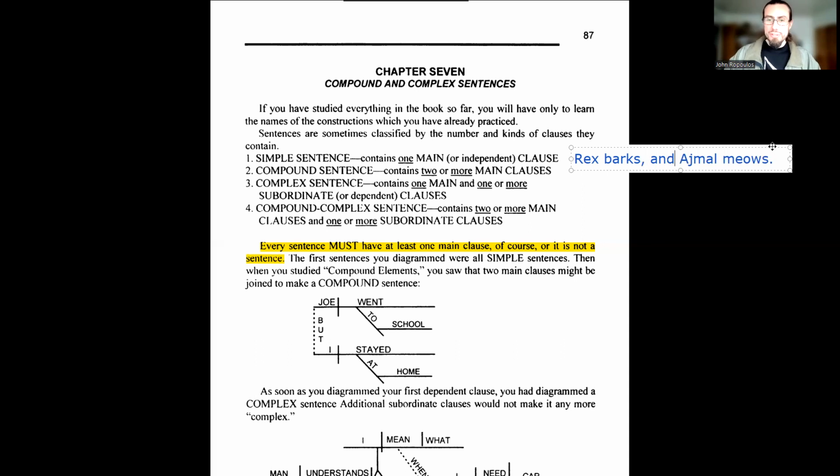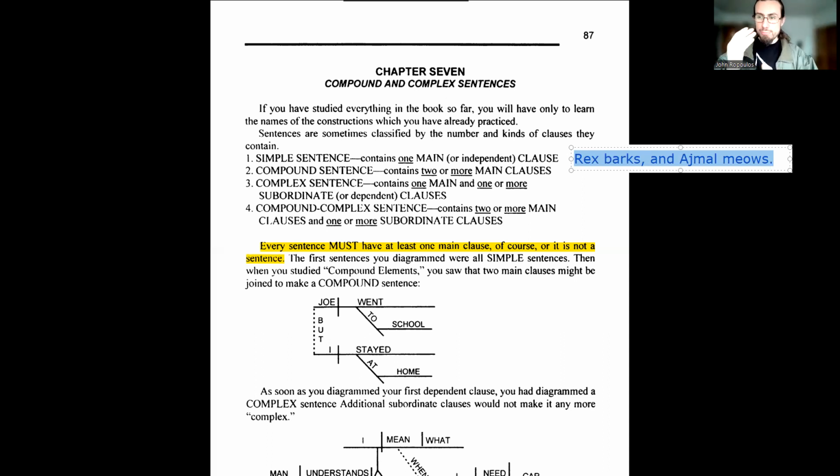Okay, so this is a compound sentence, and we can think of many others. I ran to the store, and he ran with me, right? Compound sentence. With compound sentences, we're combining these two things which are similar, the main clauses, and we can have more than two.